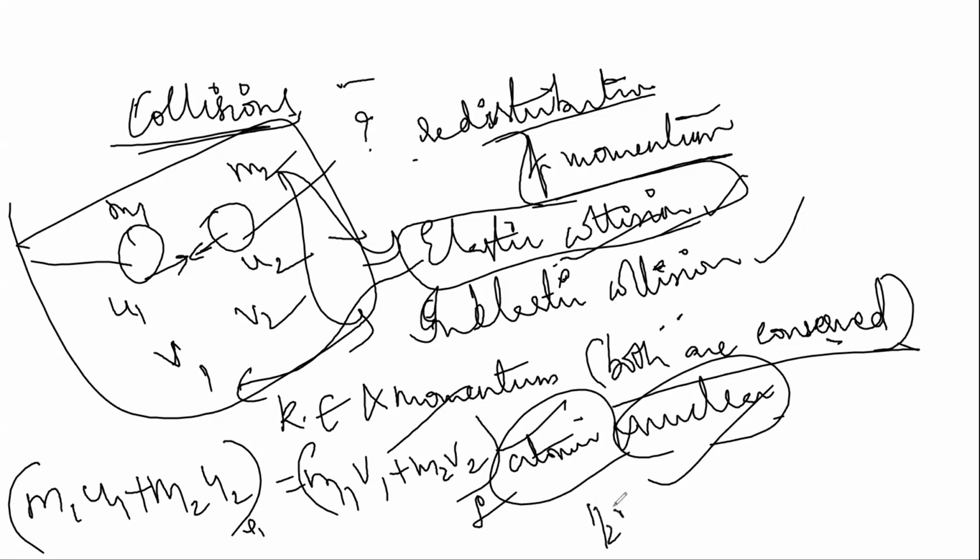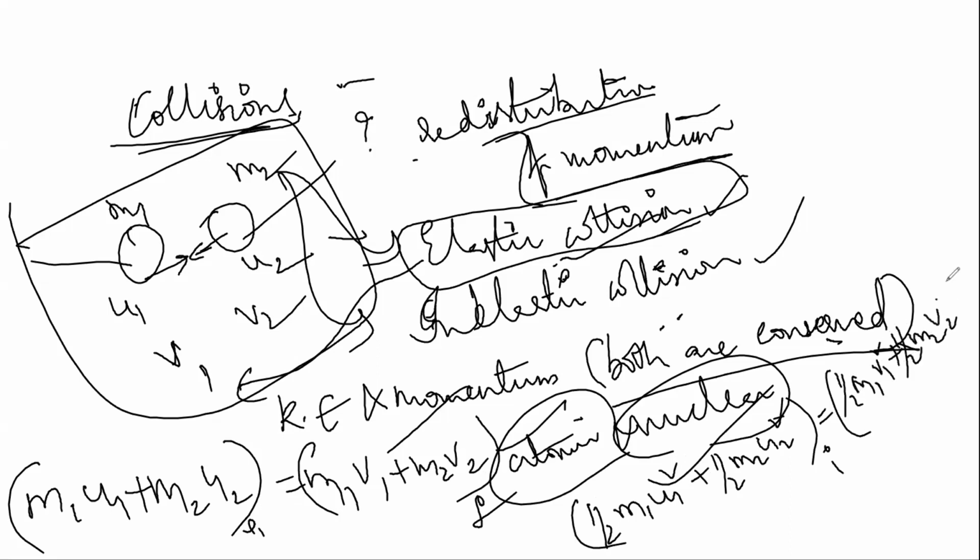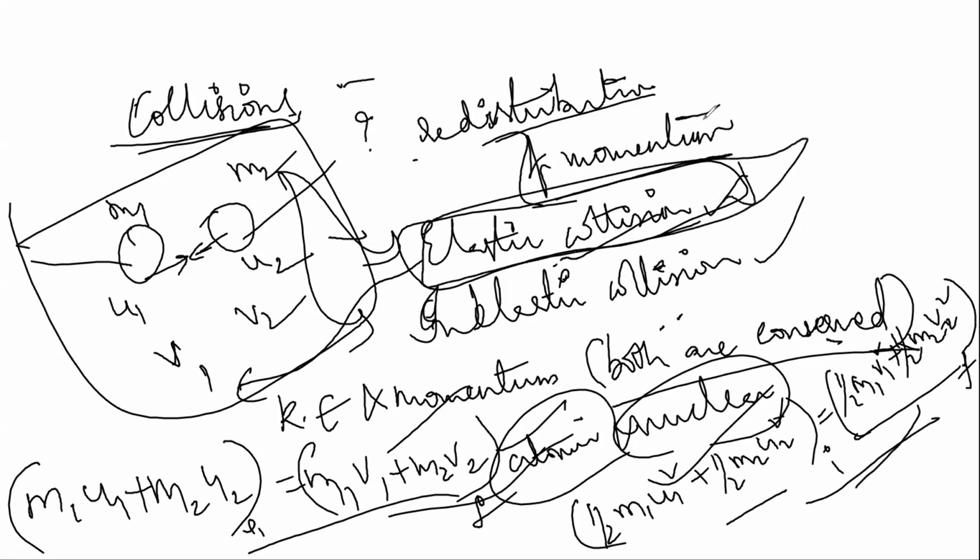So I get half m1 u1 square plus half m2 u2 square, the initial kinetic energy, equals half m1 v1 square plus half m2 v2 square, the final kinetic energy. So the kinetic energy is also conserved, initial equal to final. If these two conditions are satisfied, then such a collision is said to be elastic collision.